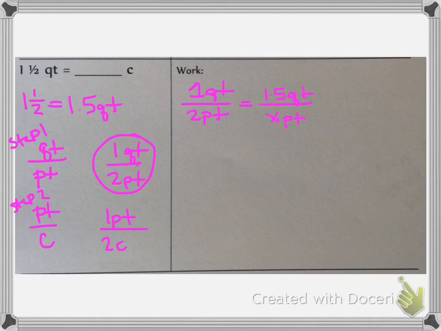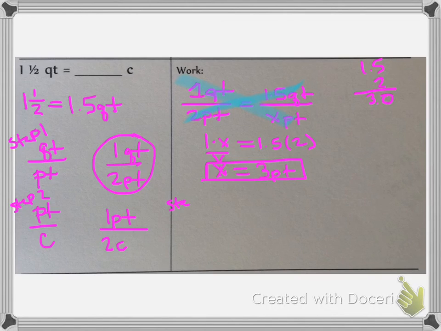Cross multiply and solve. 1 times x is this diagonal equals 1.5 times 2 is this diagonal. 1 times x is x equals 1.5 times 2 gives me 3 pints. That's step 1. Okay?